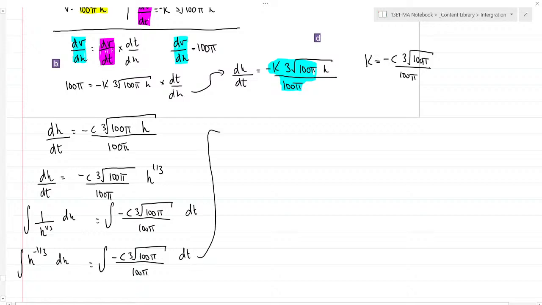So this one here becomes h to the 2 over 3 divided by 2 over 3, which is the same as saying times by 3 over 2, is equal to, now all of this, it looks horrible, but that is just a constant, okay? So this is equal to minus c third root of 100 pi all over 100 pi times by t plus another constant, okay?